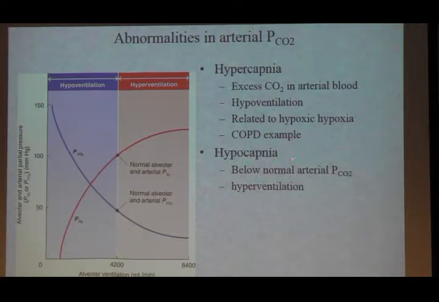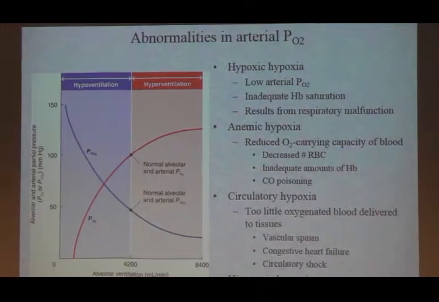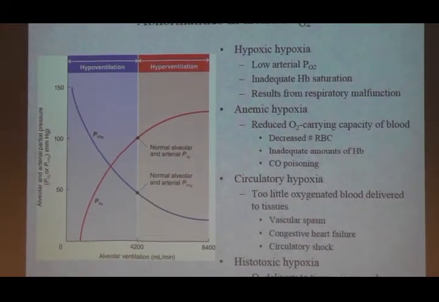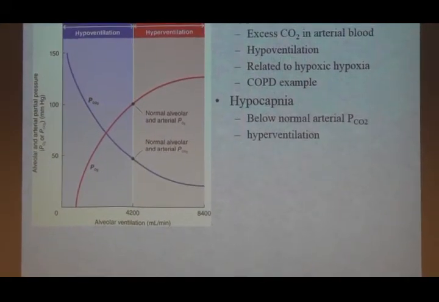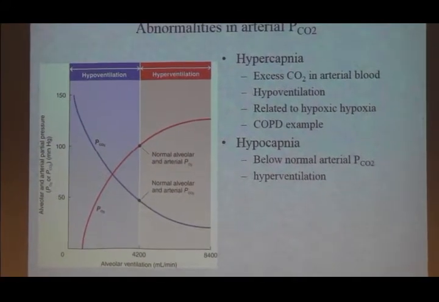Hypocapnia is the opposite: you have below normal arterial PCO2 due to hyperventilation. These are terms that you should be familiar with, and just know what they refer to and how these forms of hypoxia or these patterns of breathing can be caused.